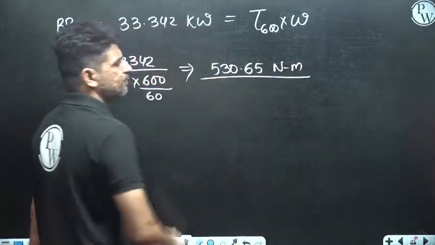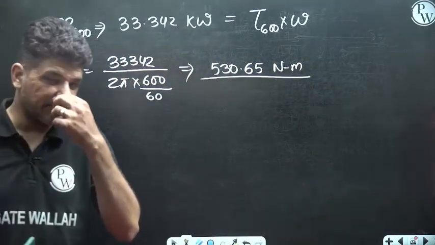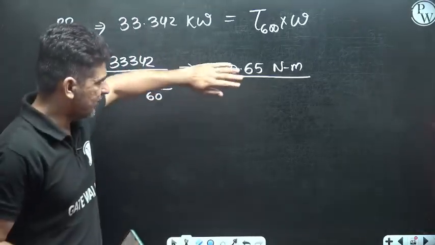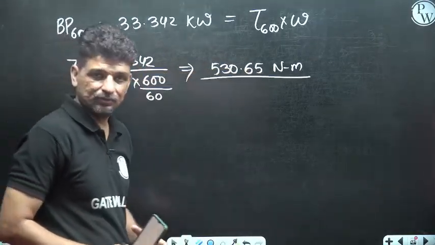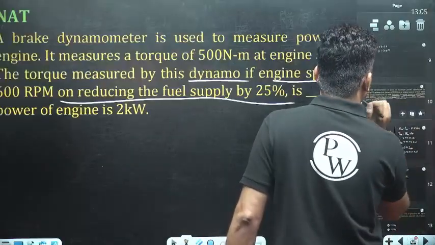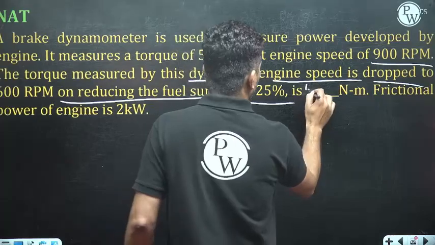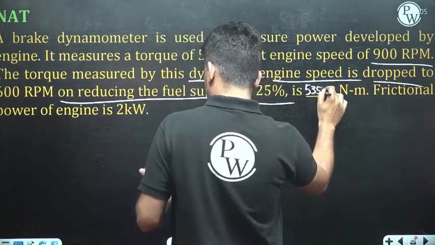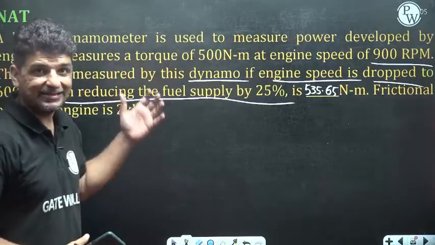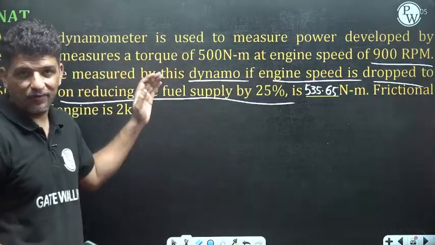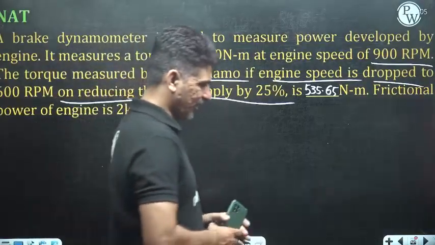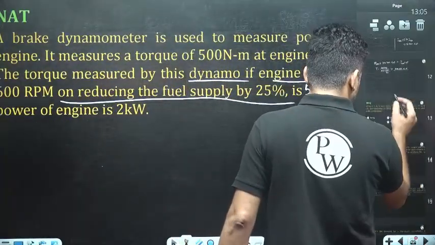Is it clear? So the torque that will be measured by your dynamometer is 530.65 Newton meter. Is it clear? So this was an excellent question, a very good question, one of those mind-twisting questions. In this DPP, this was one of the best questions.